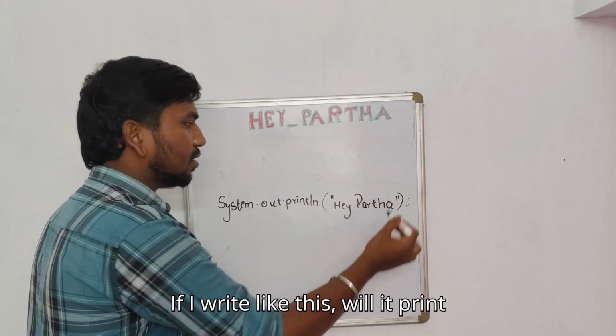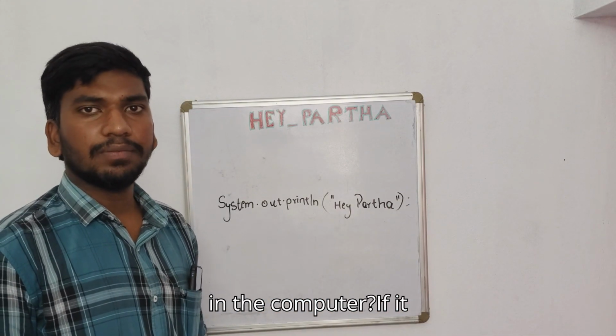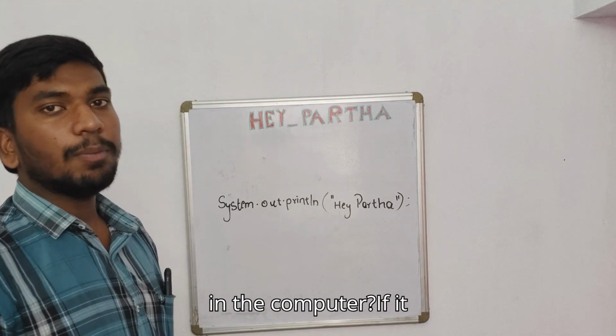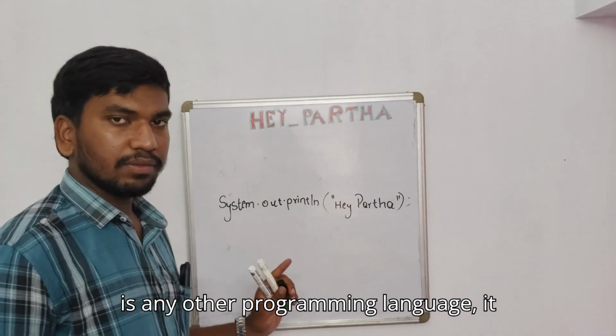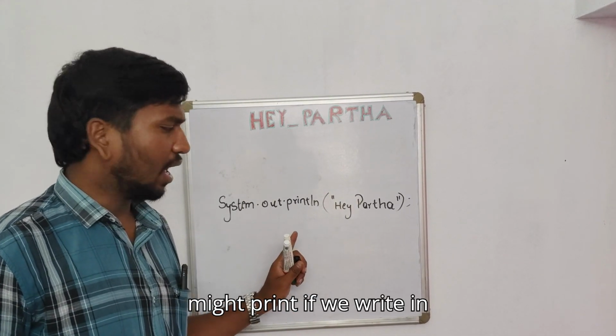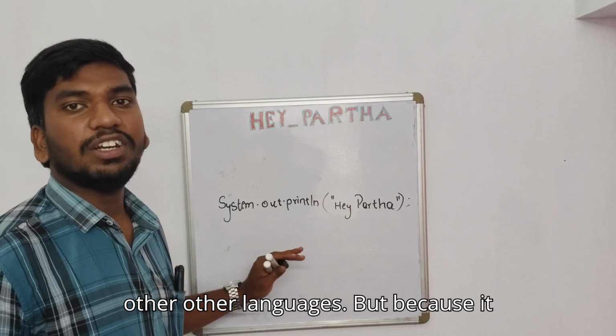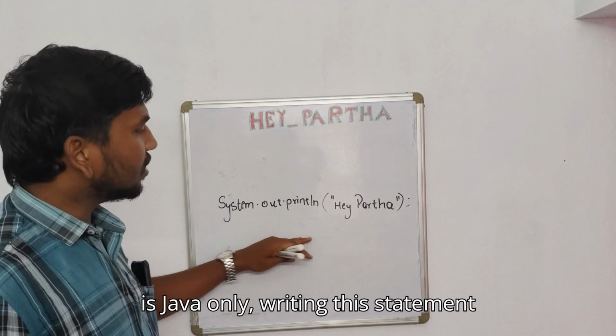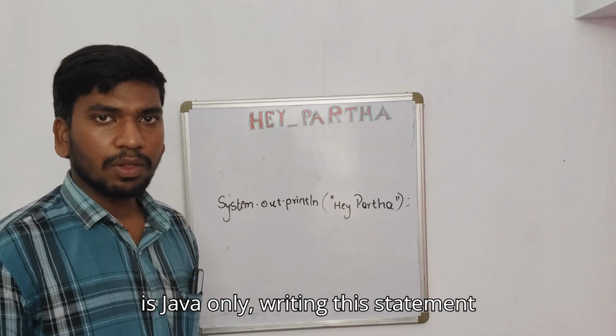So this is the statement to print one statement in your computer. If I write like this, will it print in the computer? If it is any other programming language, it might print. But because it is Java, only writing this statement will not help.